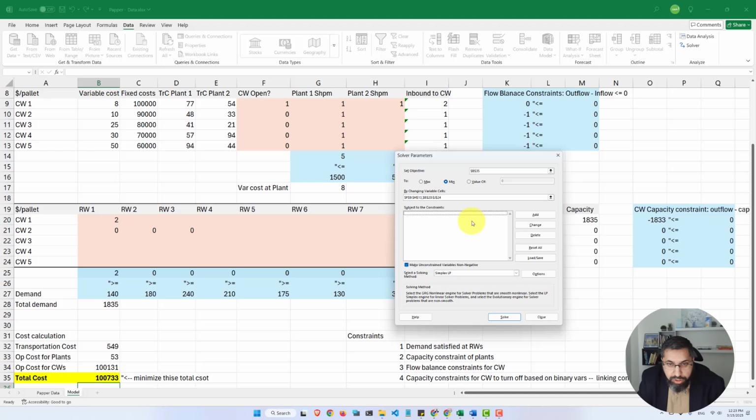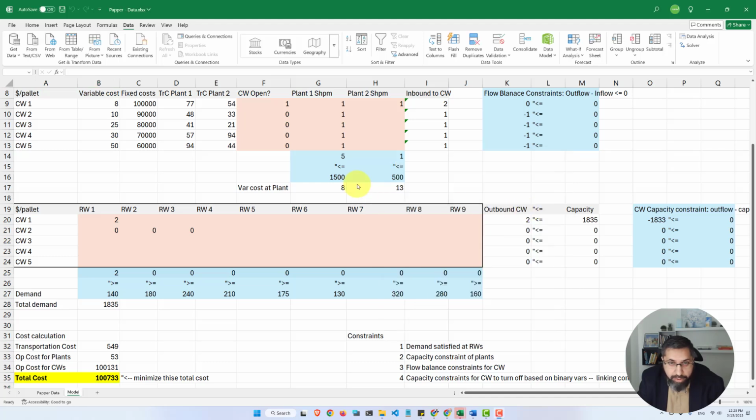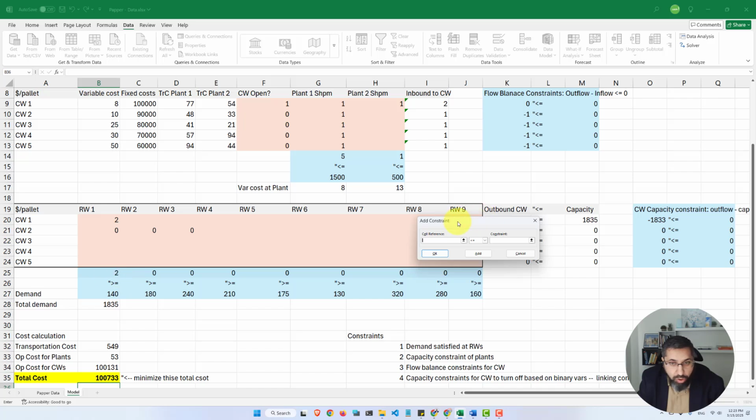Now let's add the constraints. To add the constraints, you click the Add button. First one is demand satisfied. The left-hand side is right here. All of these values have to be less than or equal to all of these values. Oh no, bigger than or equal to all of these values. Add. Then you want to add the capacity constraint.